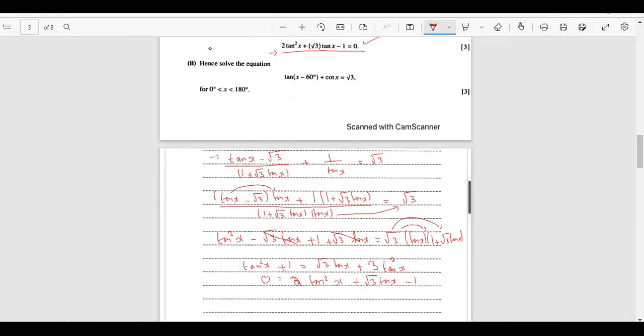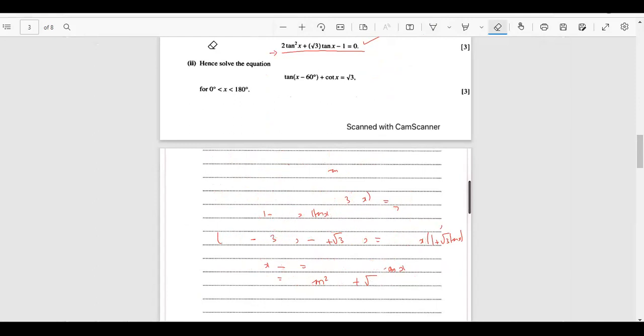So no doubts with this explanation, anything you were not able to understand? No, it's fine. Now let's talk about the second part of this question, which says hence solve the equation for that.